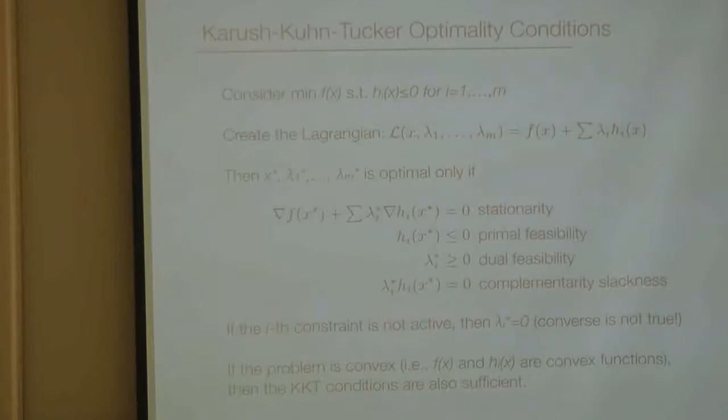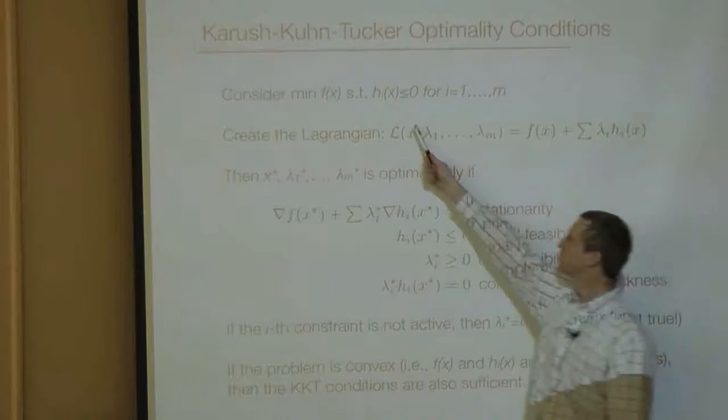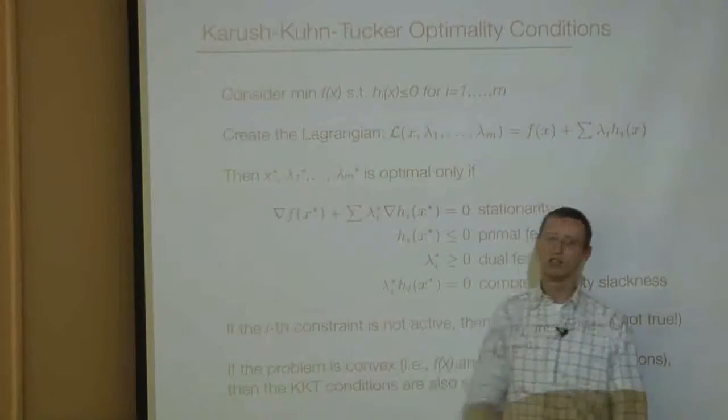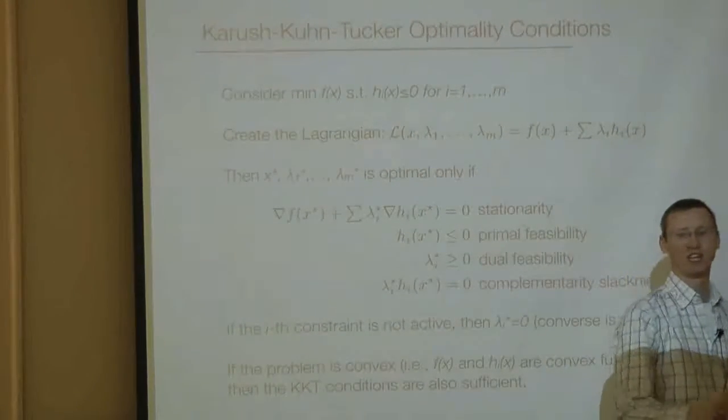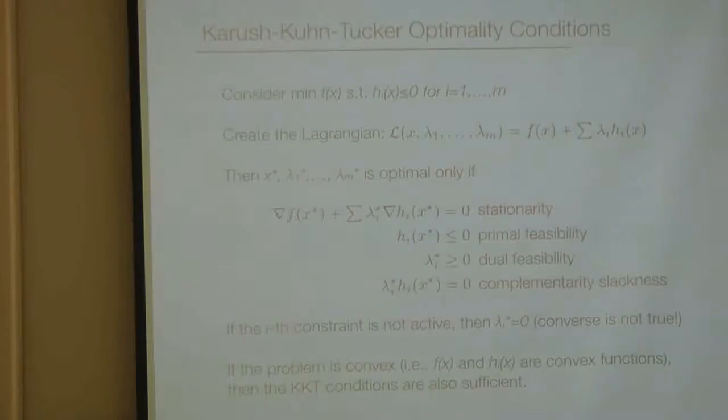So in general, if we have a non-convex problem, meaning these functions here, either in the constraints or in the objective function, are some strange non-convex functions, then this method is only necessary for existence of the optimal solution. However, it can be shown that if our optimization problem is convex, and the problem is convex if two conditions are satisfied.